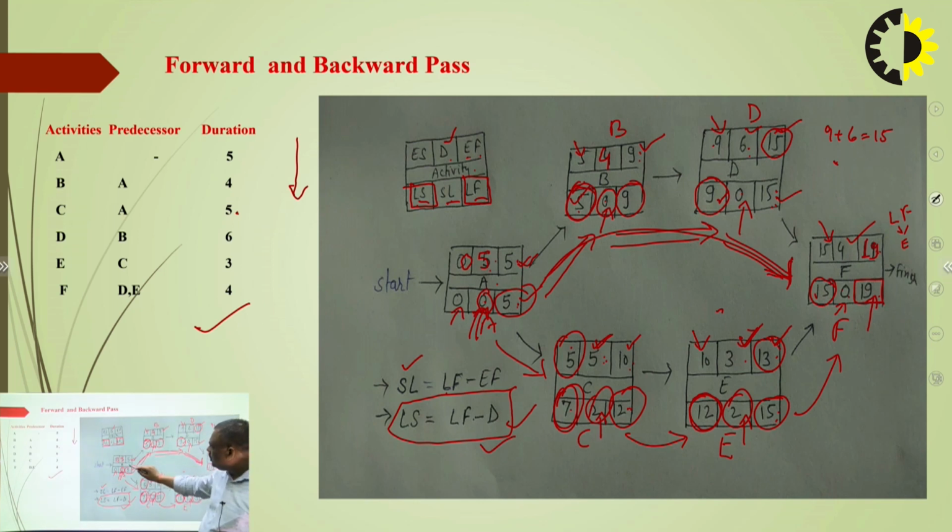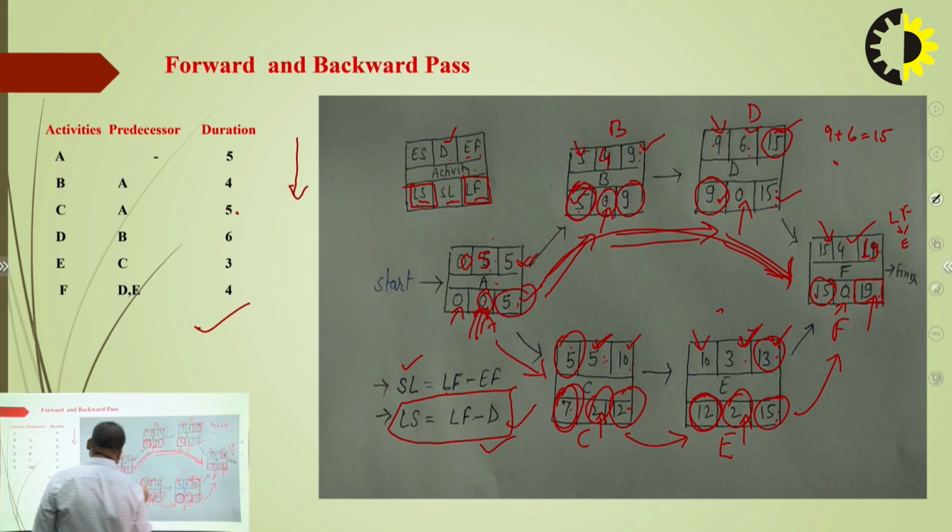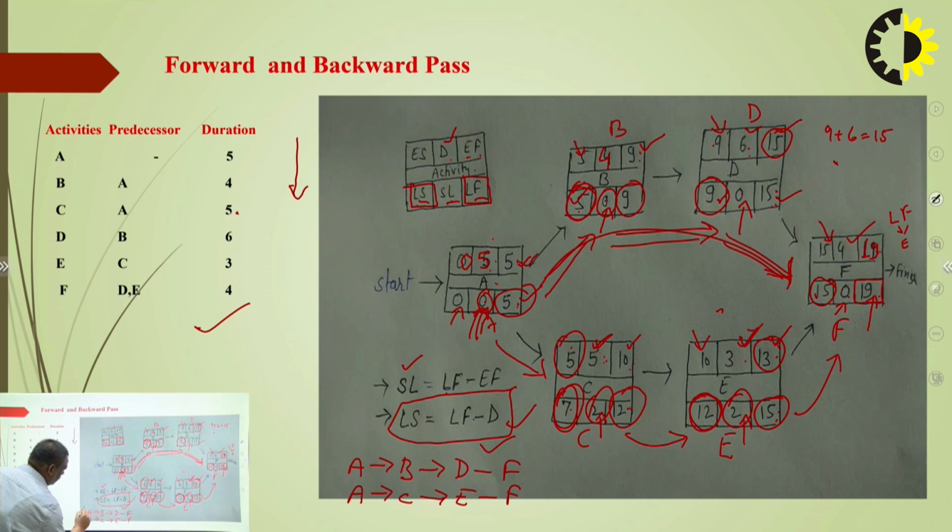This gives the minimum time duration. We have two paths, A to B, B to D and D to F, and A to C, C to E and E to F. So we choose this one.